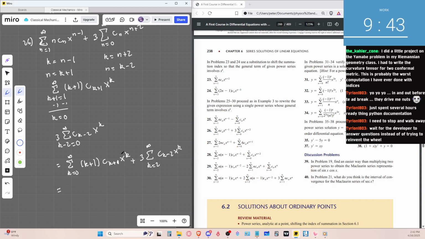So I think it's like you have to convert the x's into one exponent, and then you try to use that to your advantage in this case. So then if you have 0 here, then 0 here, that would be C1.